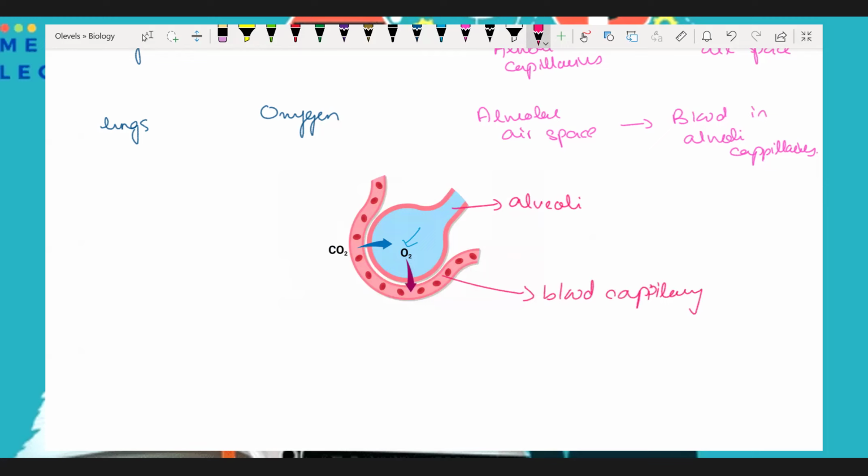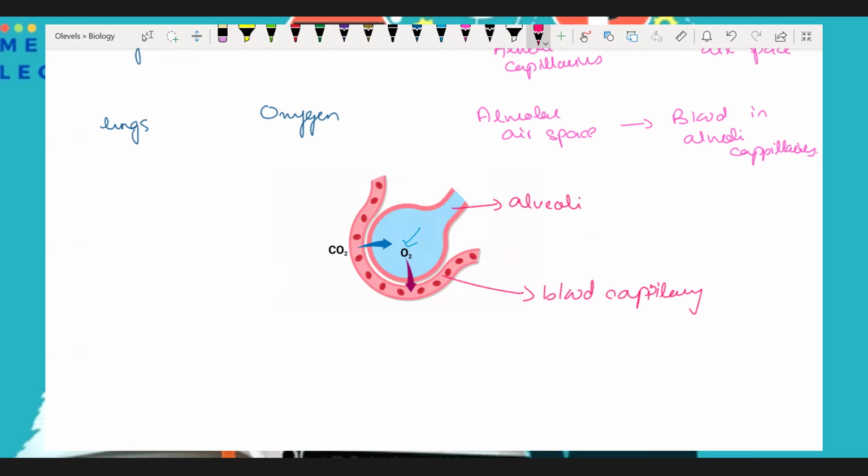The oxygen moves from the alveolar sac into the blood capillary, while carbon dioxide moves from the bloodstream into the alveolar sac. We don't need carbon dioxide, but we need oxygen. So we take in oxygen from our environment.